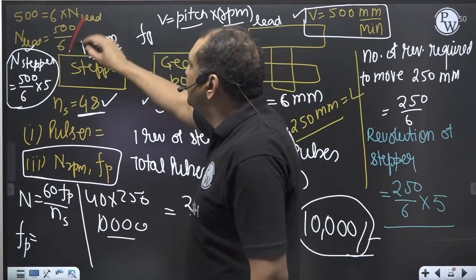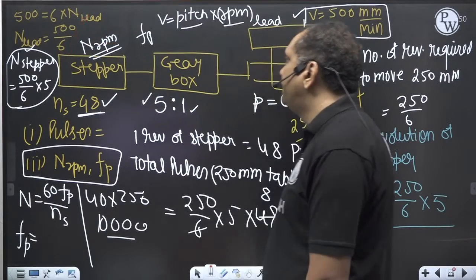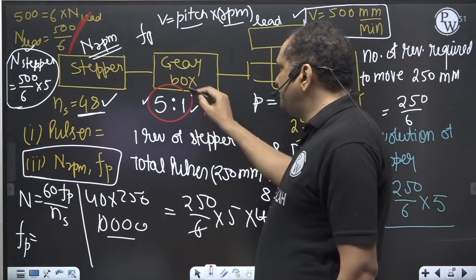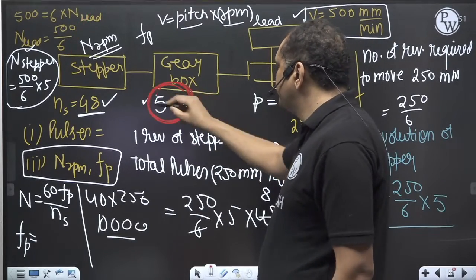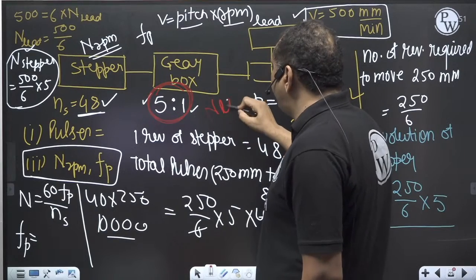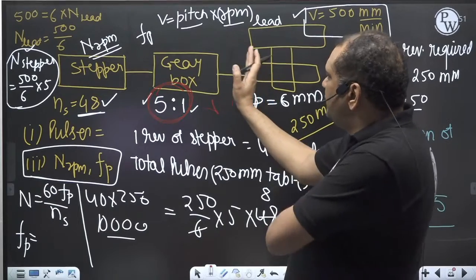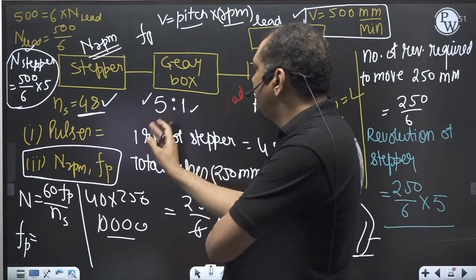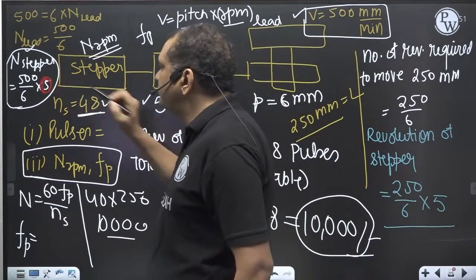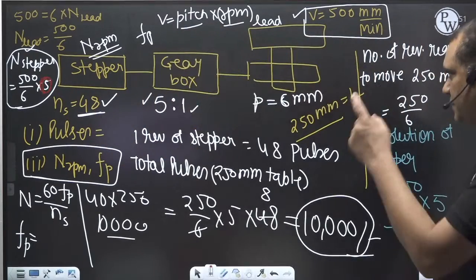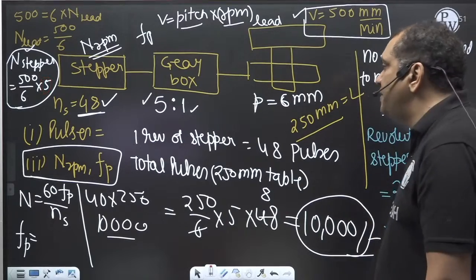Now there is a gear ratio of 5:1, so the RPM of lead screw should be multiplied by 5 to get the RPM of stepper.